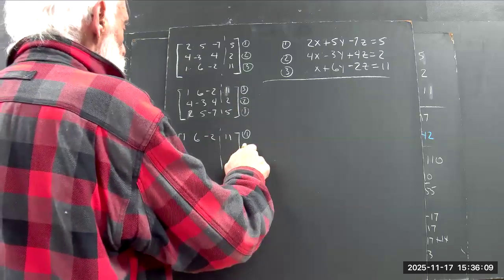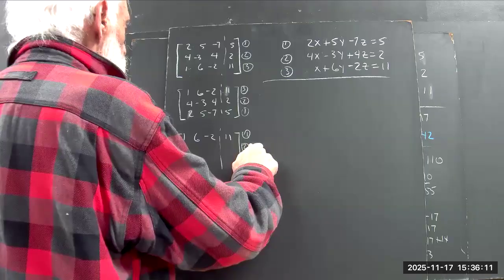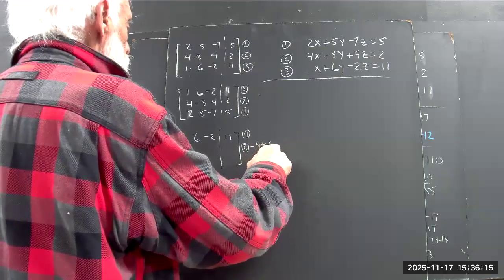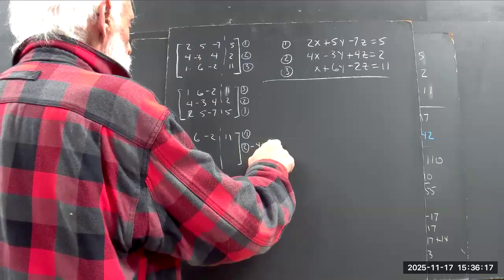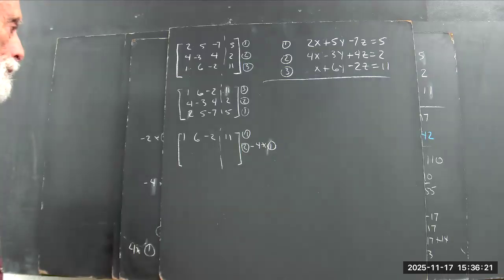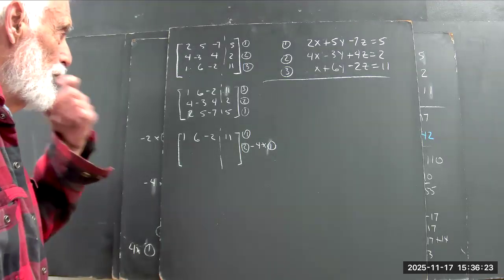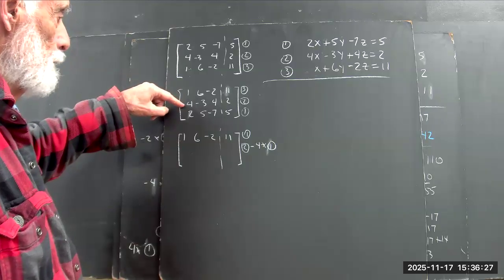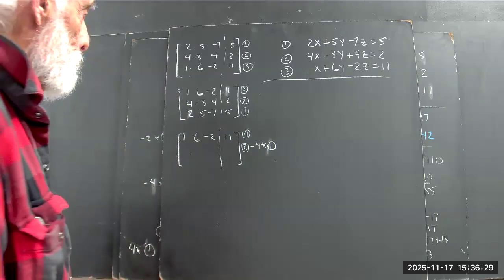Instead of row 2, I'm going to write the old row 2 minus 4 times the old row 1, because I can see that if I subtract 4 times 1 from 4, I'm going to get 0.